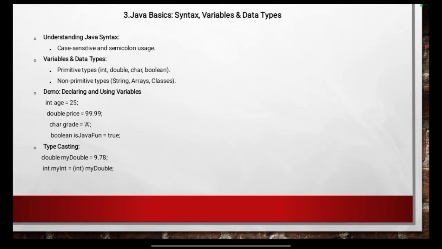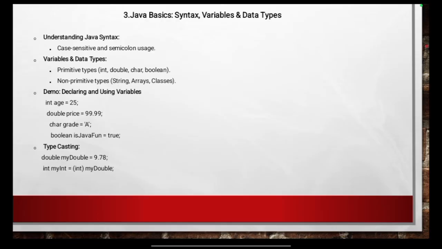Typecasting. Java is a strongly typed language, meaning you cannot directly assign one type to another if they are incompatible. However, typecasting allows you to convert data from one type to another. There are two types. Automatic casting: converting a smaller type to a larger type, example: int to double.